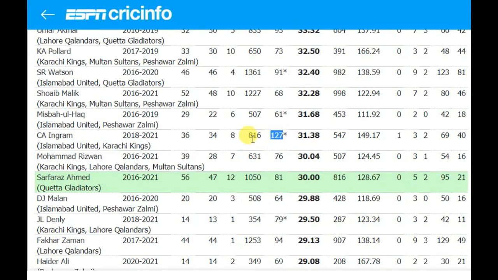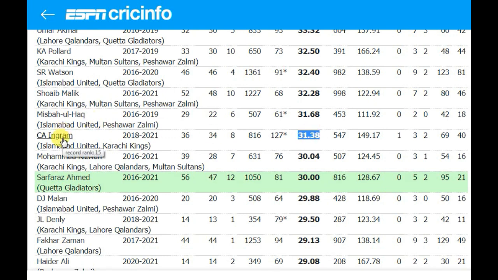The total score Ingram has made so far is 816, whereas in only one match he has scored 127. That means because of this one match his average has increased so much. So maybe this figure can be misleading. So we have to go for median or mode to have better precision in our prediction about Ingram.